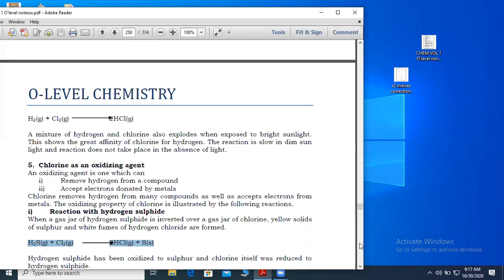Jasmine. Yes, teacher. What is the observation when chlorine reacts with hydrogen sulfide?